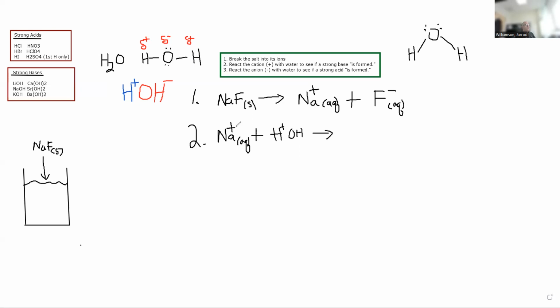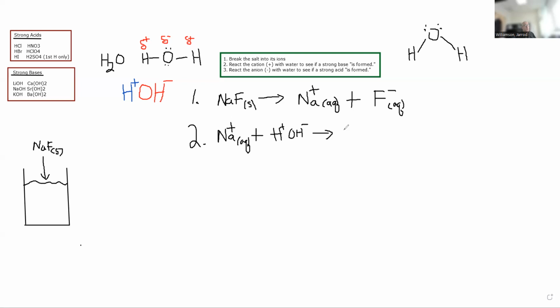And what part would Na plus be attracted to? Would it be attracted to the H plus or the OH minus? Well, opposites attract. So the positively charged sodium ion will be attracted to the OH minus.